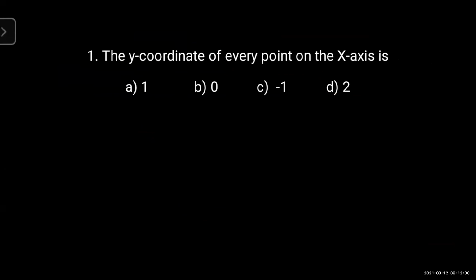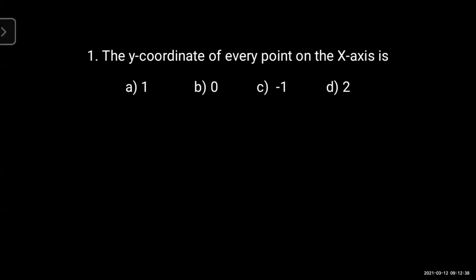In this lesson there will be very few objective type questions; the major part will be based on the graph or on the points, meaning which point lies in which quadrant or on which axis. Such questions can come for 1 mark or 2 marks in the descriptive section. So let us see the first one.